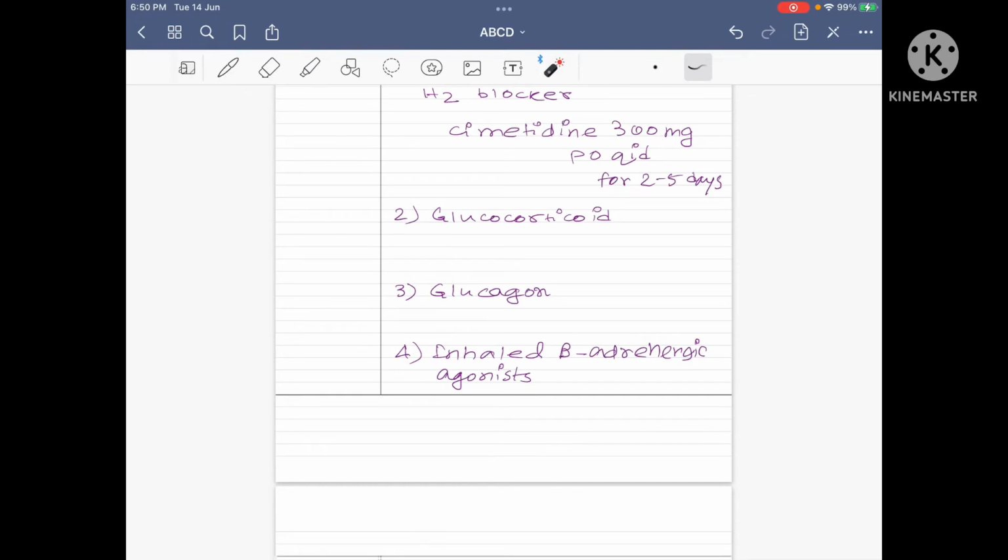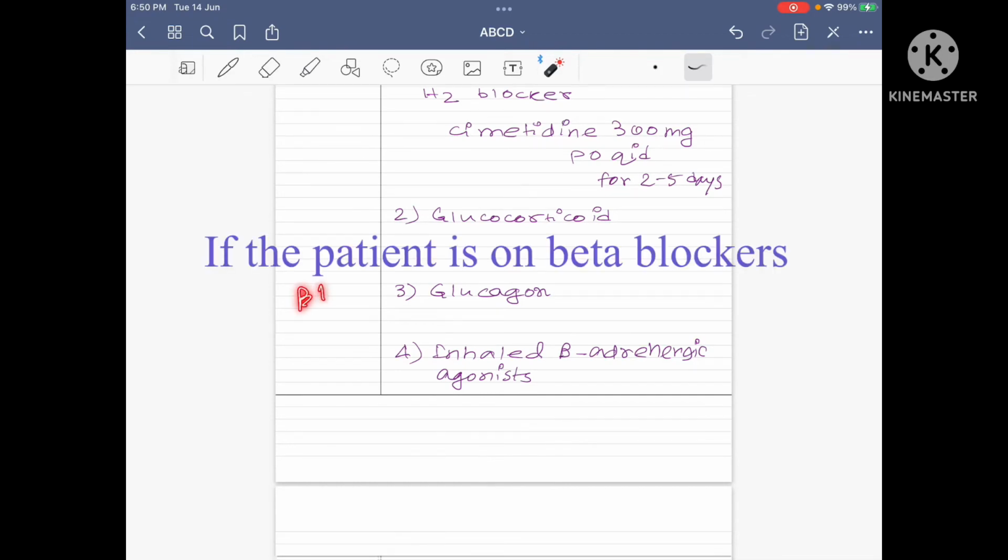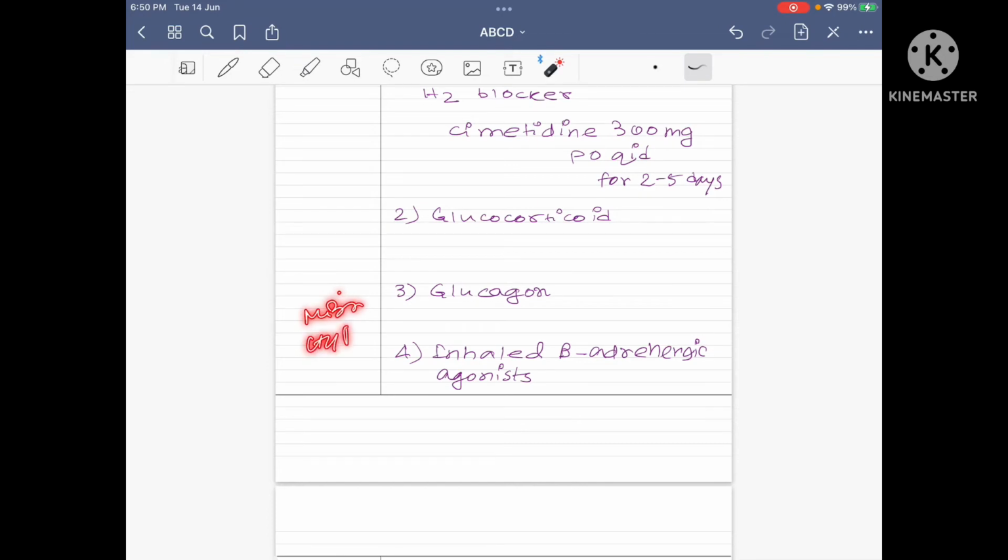And if the patient is on a beta blocker, such as for migraine prophylaxis or hypertension, you should always give glucagon. Glucagon when refractory to adrenaline: when the bronchospasm or hypotension is refractory to adrenaline, glucagon does the magic.